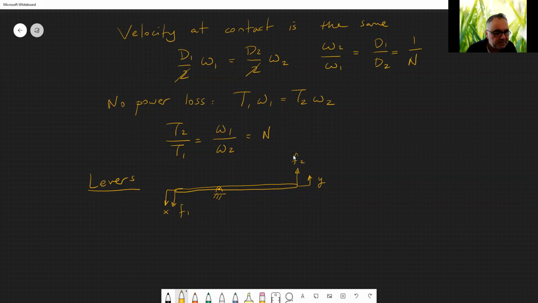This rotates with the angle theta. This distance is A, and this distance is B. We can say that x is equal to A times theta, and for small displacements, y is equal to B times theta. So if you divide these, you get x over y is equal to A over B.